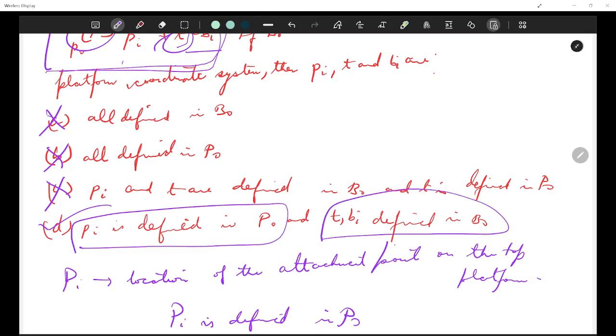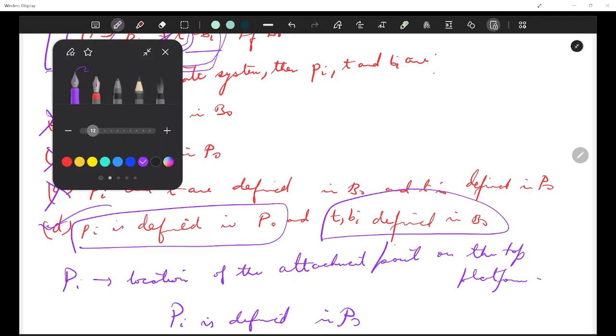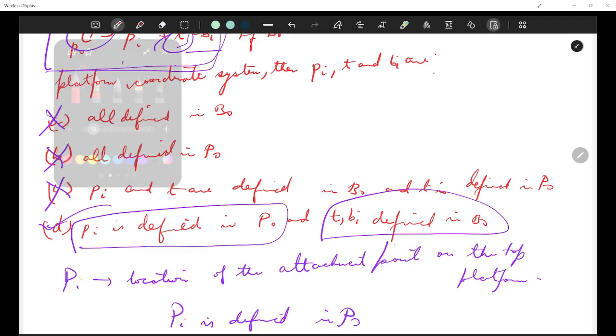So in rigid body kinematics, global position is rotation matrix times some local position plus translation defined in the base frame. Where local position is defined in the moving frame, R converts it, T is defined in the global frame. So the correct option is this one. Alright. I hope there is no confusion with this. If not, then let's move to the next question.